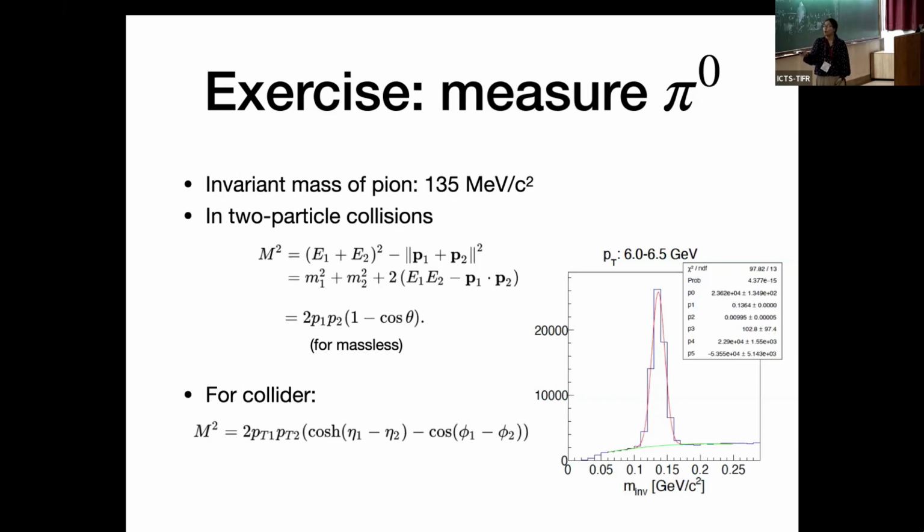Because you know where its peak is supposed to be, if it's off, then when you convert your signal into energy units, the energy deposited in your calorimeter is off, right? So you can use that to calibrate the detector as well. Such a good particle, right? It's a good measurement, good for calibration, and easy to reject as a background as well, all right?